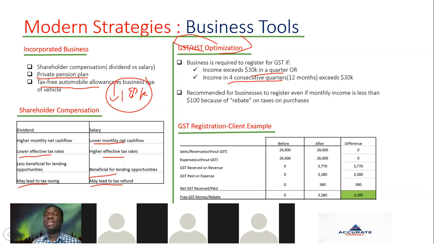But we are saying that as a business, either sole proprietor or incorporated, do you understand? Even if your income is not up to this, you can register for it and you will benefit from it.